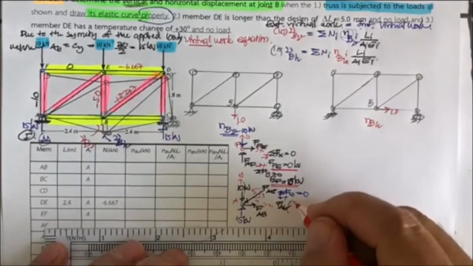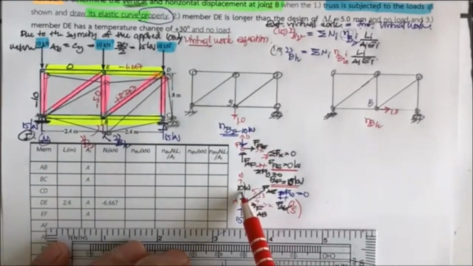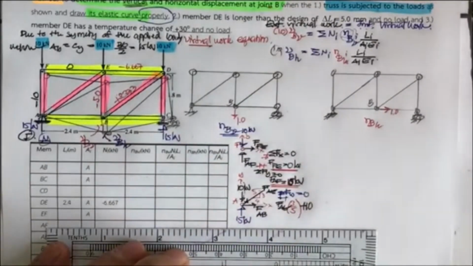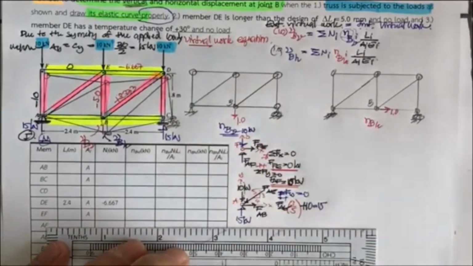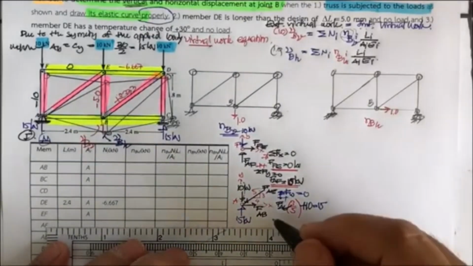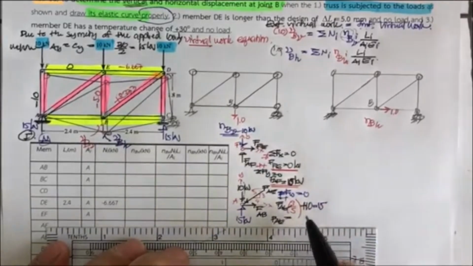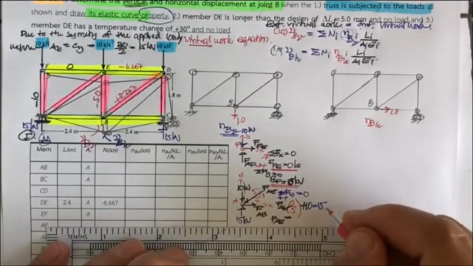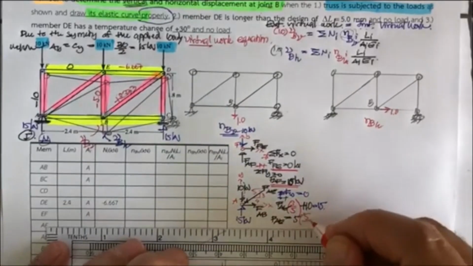In this direction, downward is positive, so it's going to be plus 10, and the 15 is up, so it's going to be 15. Now F sub AE is equal to, so you move here, 15 minus 10. So it's going to be 5. And then you move 5 times, so this one is going to be 5 over 3.